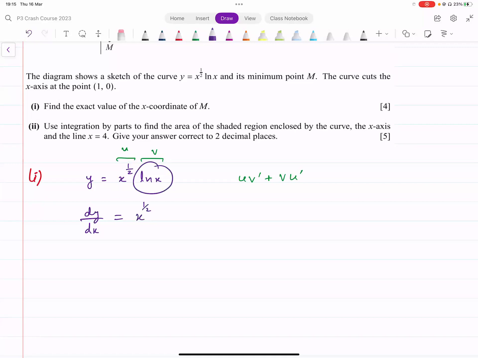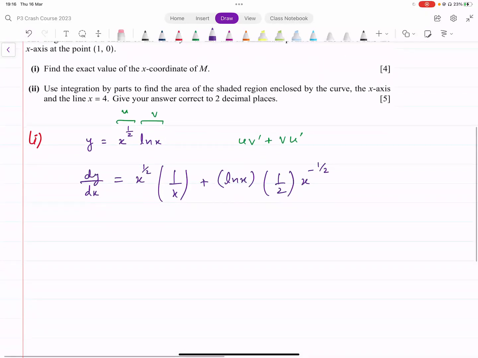What's the derivative of ln x? It's 1 over x, plus derivative of x power 1 over 2 into v as it is. So ln x as it is into derivative of x power 1 over 2. That's going to be 1 over 2 multiplied by the power. It's a power function. Multiply by power. Subtract 1 from the power. So that's minus 1 over 2. All right, that's the derivative.